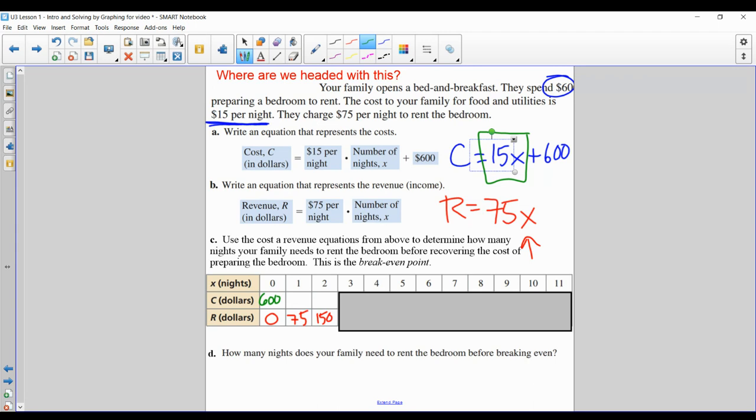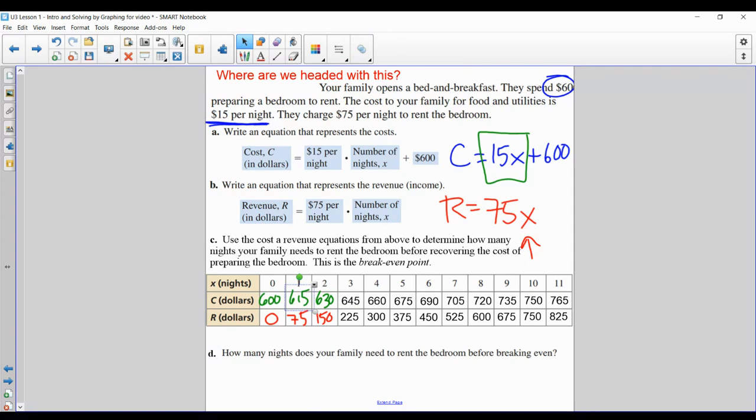After the first night, it's going to cost me $15 in addition to the 600, so $615. After 2 nights, 15 times 2 is 30, plus 600 is 630. If I kept multiplying these out, I would come up with all of those numbers.